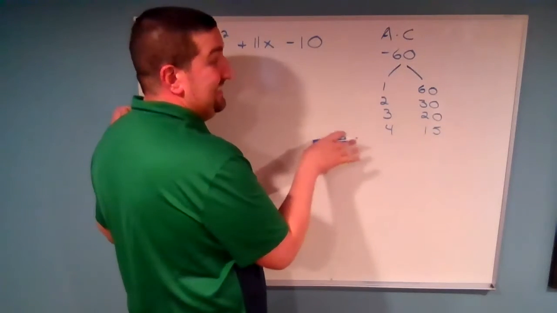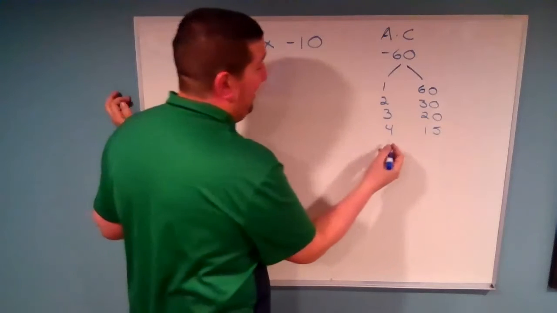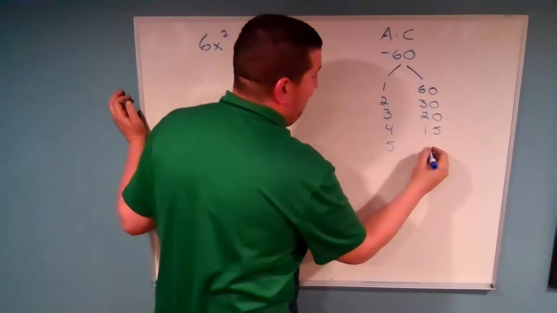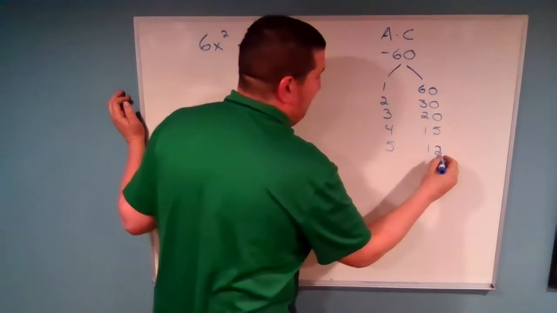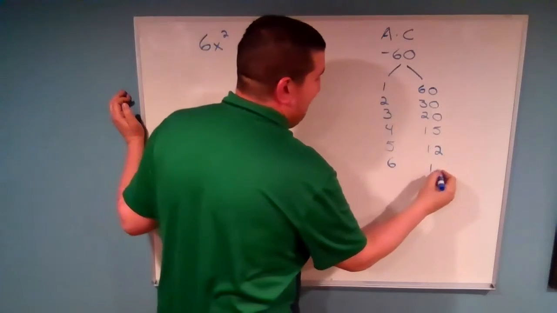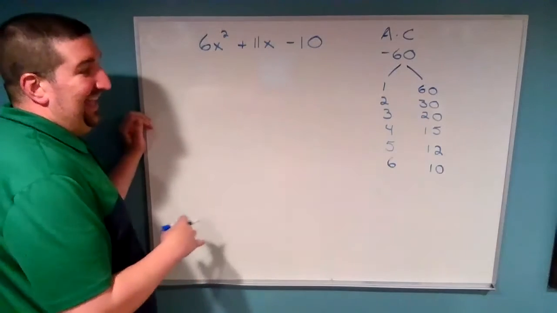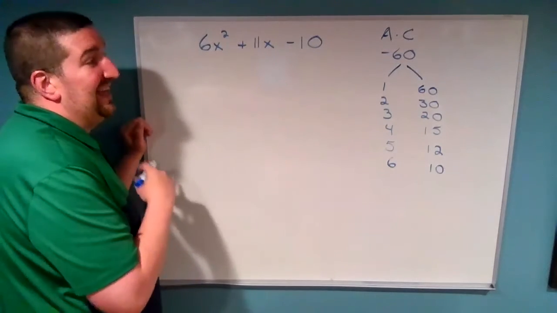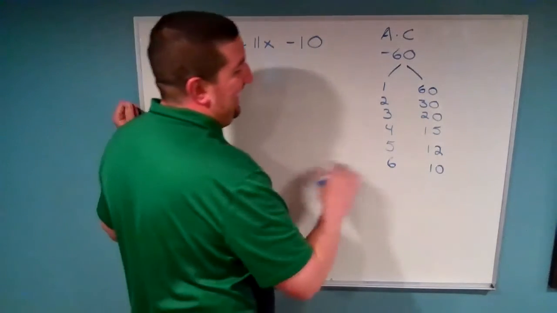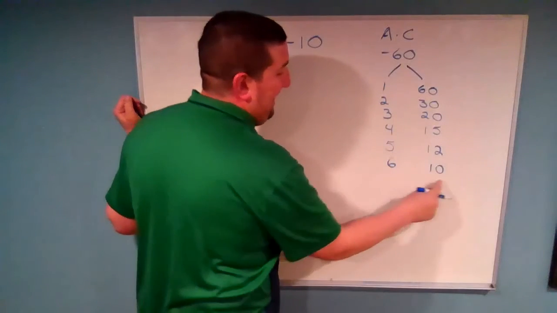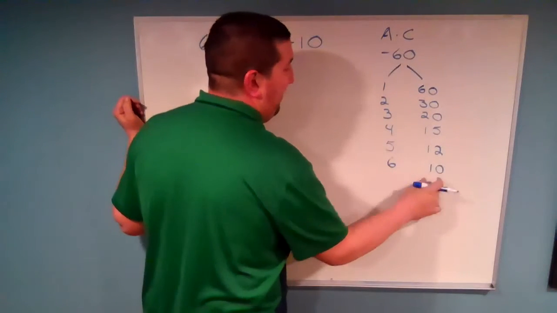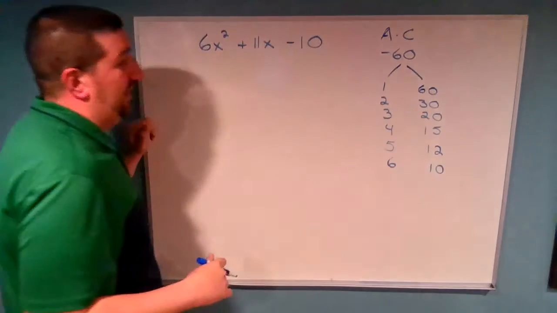You realize that that's it. You can stop right there. I'm going to keep going. And we have 5 and 12. We have 6 and 10, 7 and nothing, 8 and nothing, 9 and nothing, and then 10 and 6, but we already have that 10 and that 6 pair, so I know I have them all.